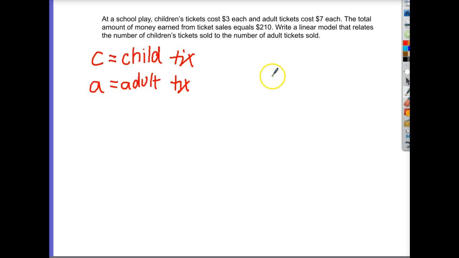Do I have any initial values? I don't have any initial values. I have a final value. Final value is 210, right? I know that. I know when I add these up, it costs 210. That's what it says. That's not an initial value, but I have a final value.